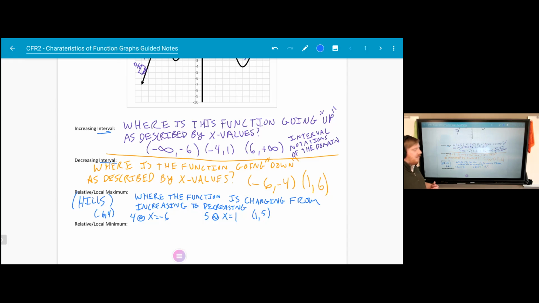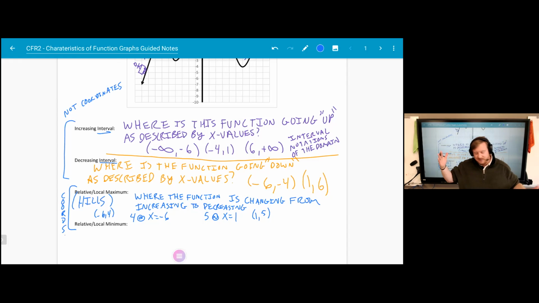Those are not intervals. That's an actual coordinate point. So these up here are not coordinates, and these down here are coordinates.